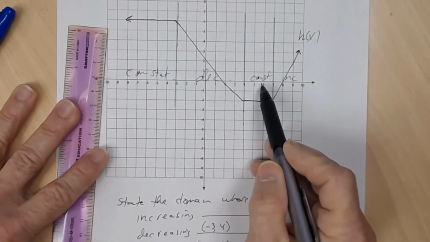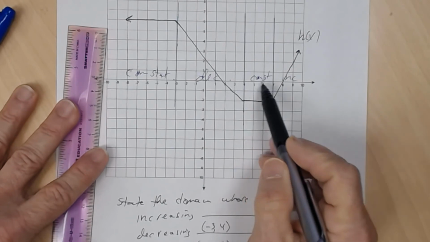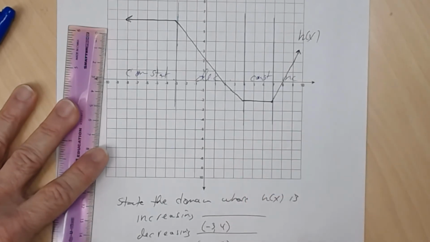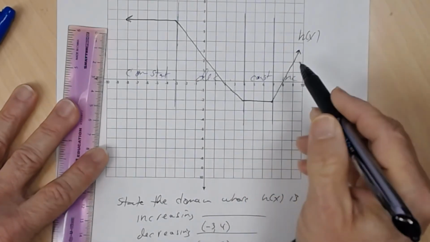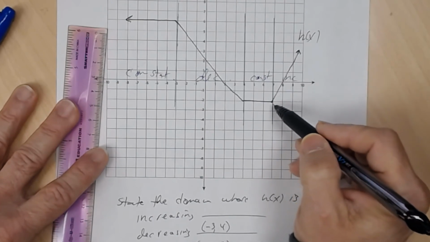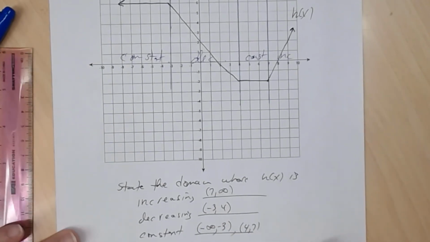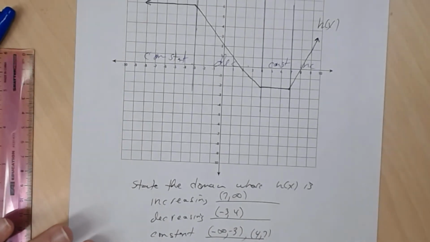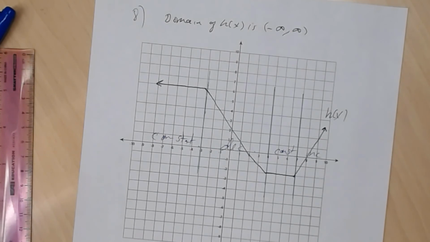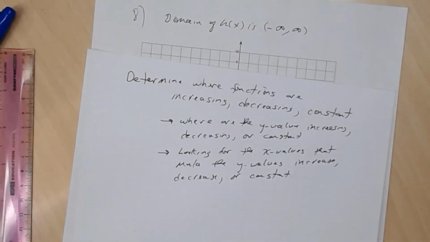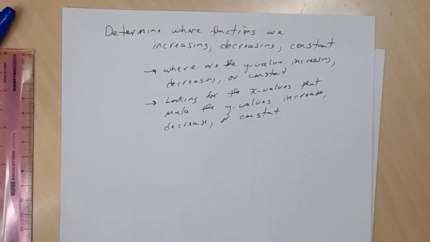And then from 4 to 7, your y values were constant. And then from 7 to infinity, your y values increased. Okay? And that is how you determine where functions are increasing, decreasing, or constant. So hopefully that helps you understand this a little bit better.